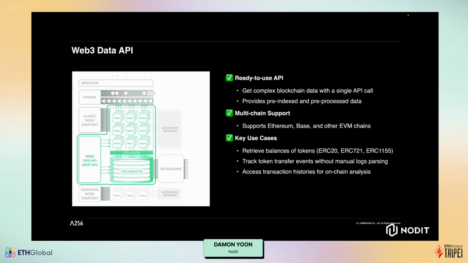It works with Ethereum, Base, and other EVM-compatible chains, so you can build across multiple networks without extra setup. With Web3 Data API, you can retrieve token balances, track token transfers, get transaction histories to analyze on-chain activity, and more. Let's take a quick look at how you can use this in your project.